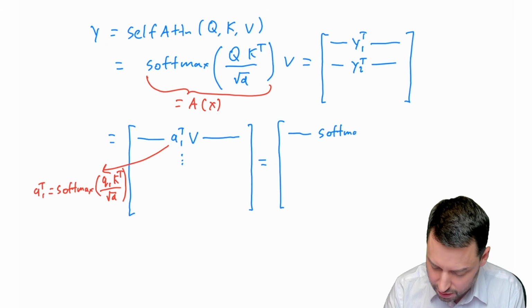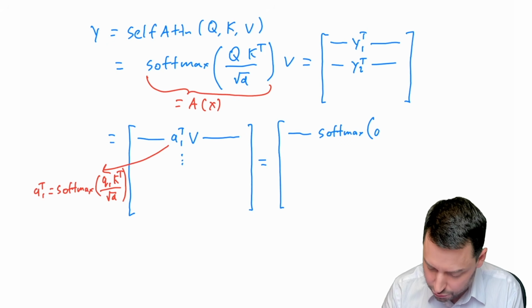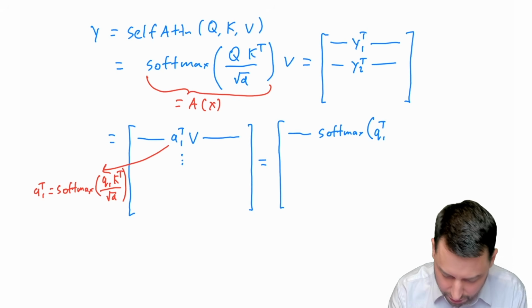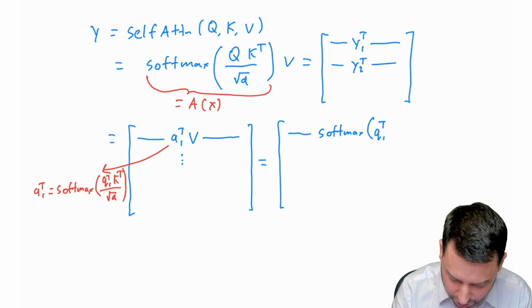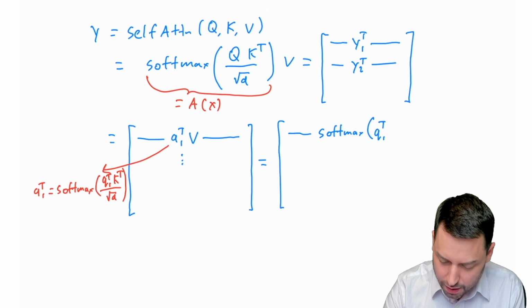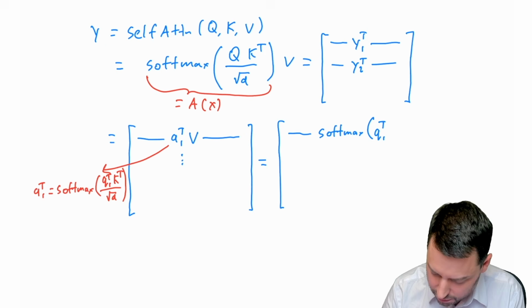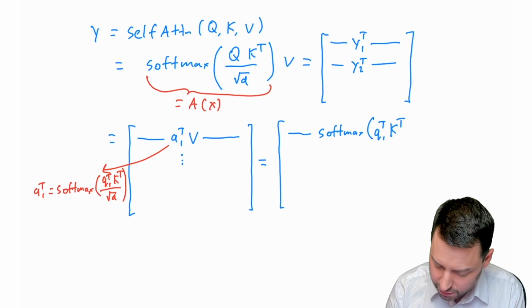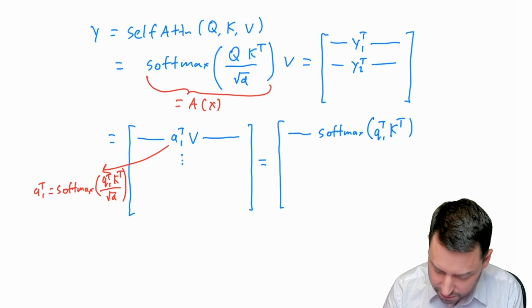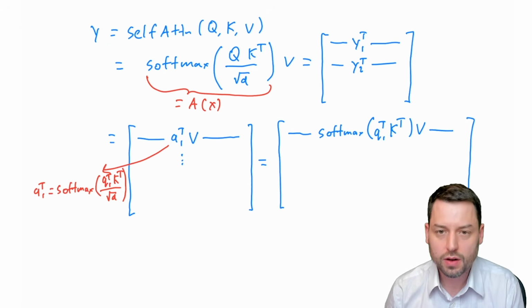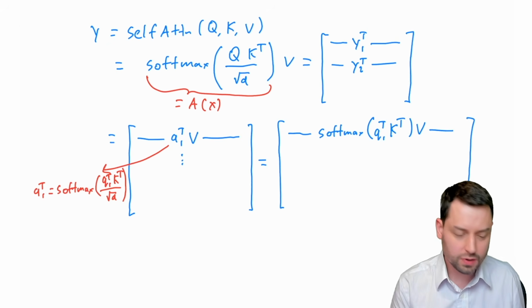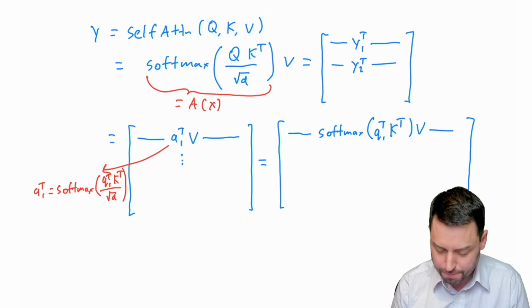Softmax of the first row of Q transpose times the K matrix times the V matrix. All right, and that is equal to the first row of my self-attention matrix.